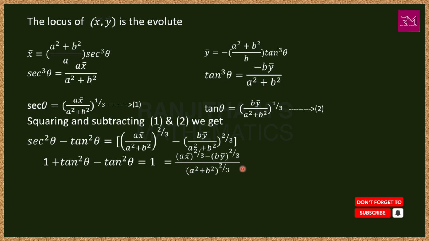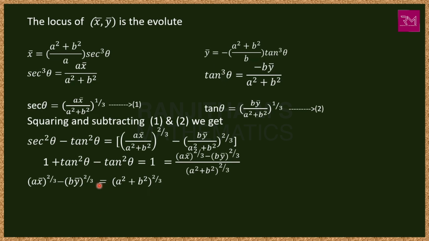Hence the equation obtained is 1 equals this. If we take (a square plus b square) whole power 2 by 3 to the right hand side and simplify, we get (a x bar) whole power 2 by 3 minus (b y bar) whole power 2 by 3, which is equal to (a square plus b square) whole power 2 by 3.